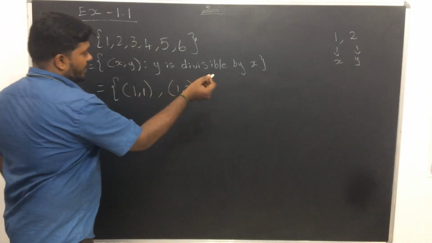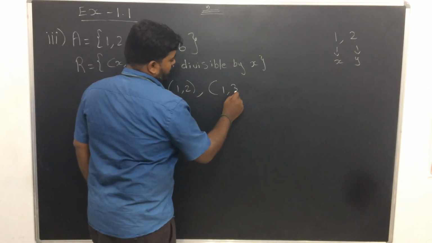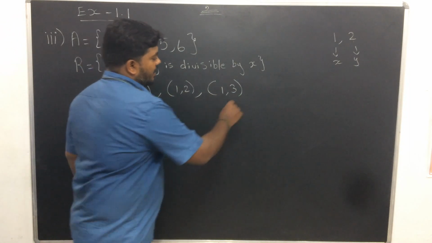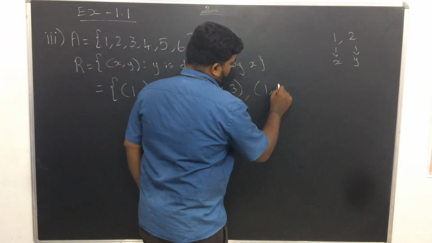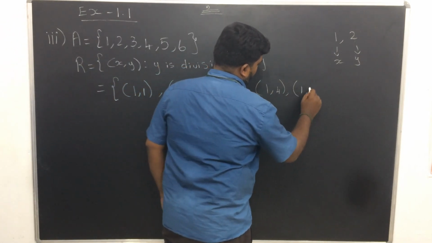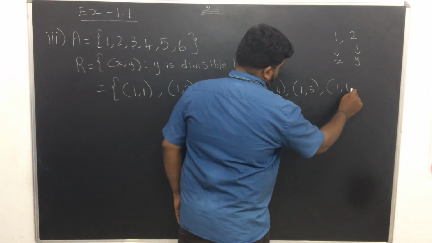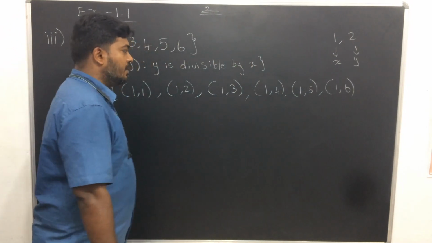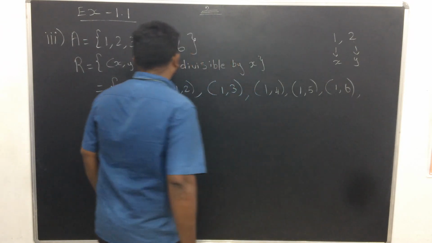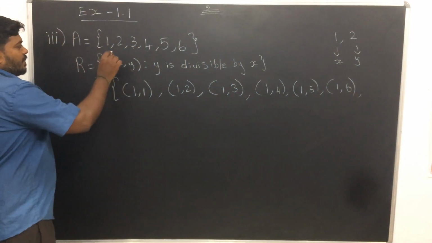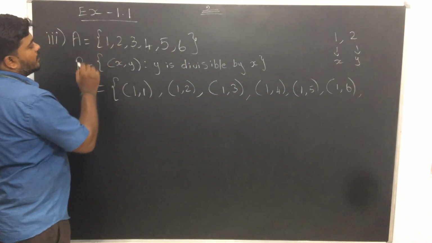Then check for 1 comma 3. Of course, 1 comma 3 same. 3 is divisible by 1. 4 is divisible by 1. 5 is divisible by 1. And 6 is divisible by 1. Get it? Now, let's move on to the next element. That is 2.